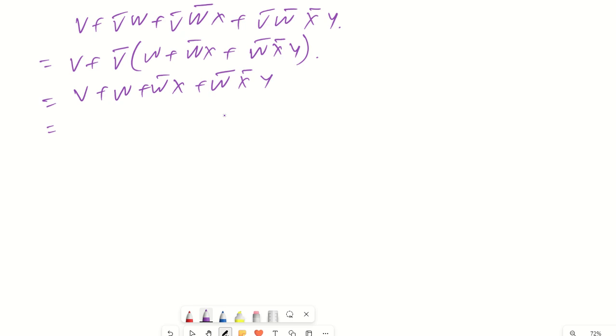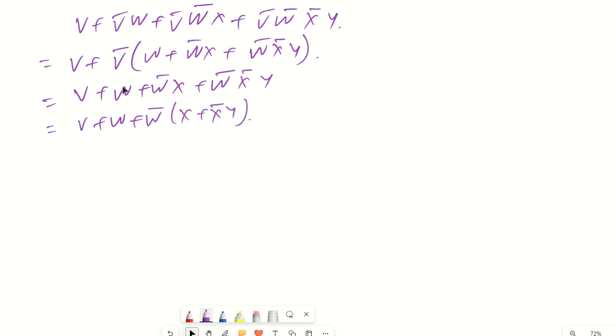Now I can take W common. So V + W into what is going to happen? Same way I can write it as (W + W̄)(X + X̄Y).